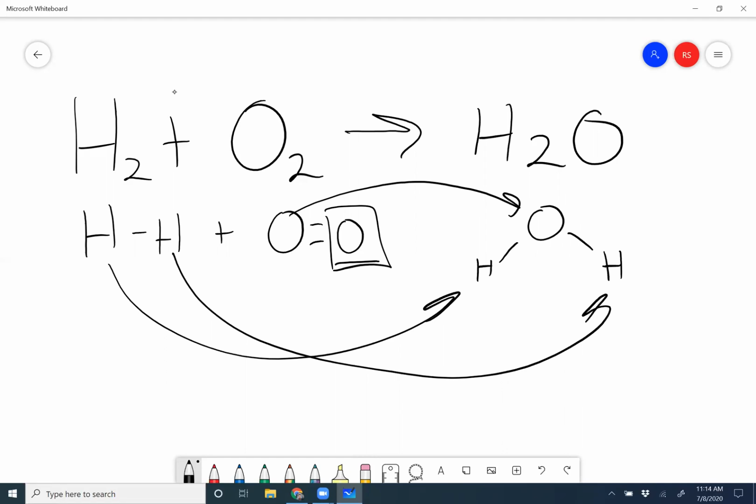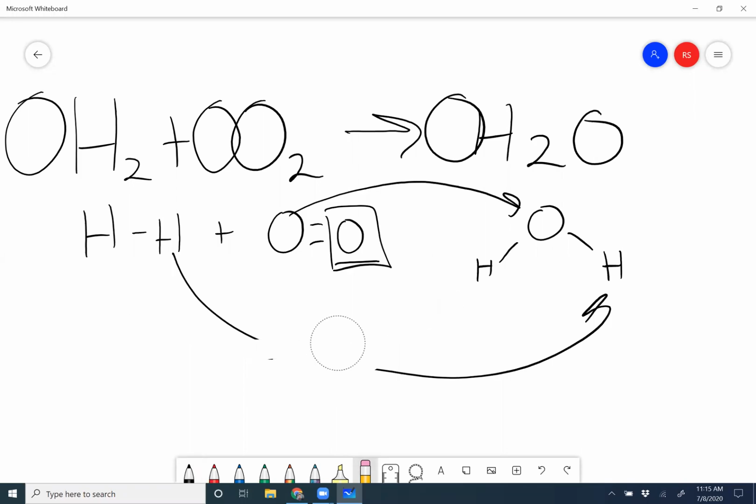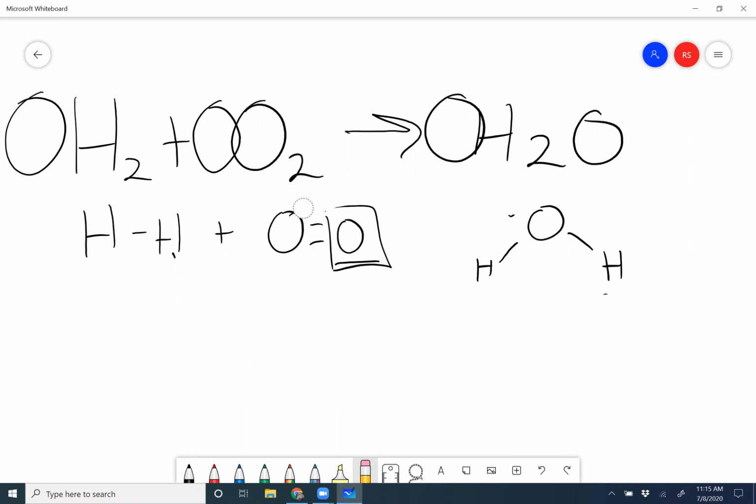And the answer is we use coefficients. We write numbers here in the front that multiply everything throughout to show how this reaction is going to occur and the number of things that are going to need to mix together to show an actual conservation of mass.